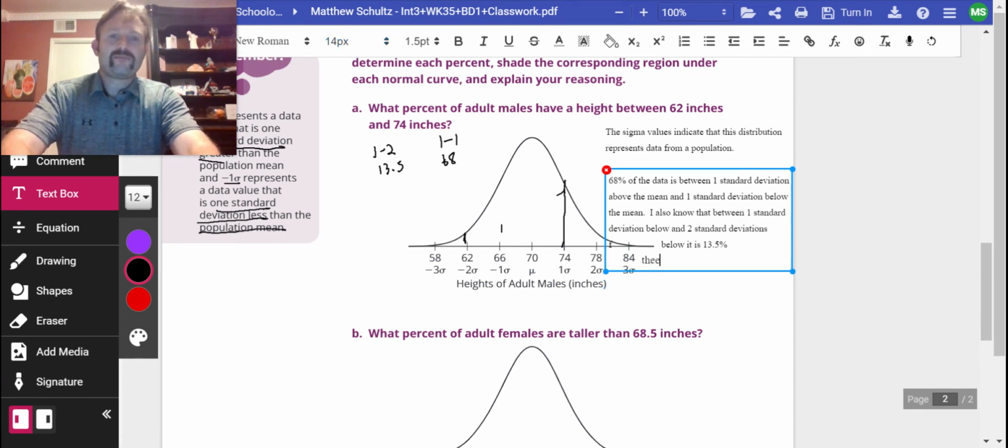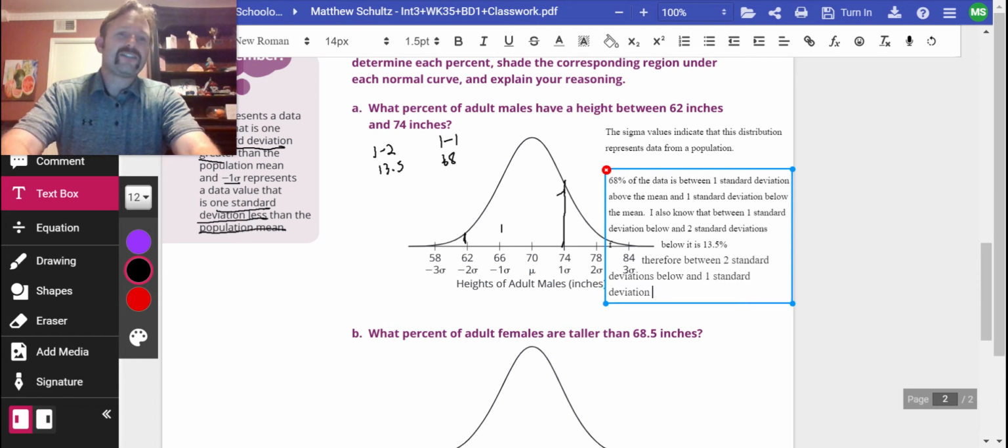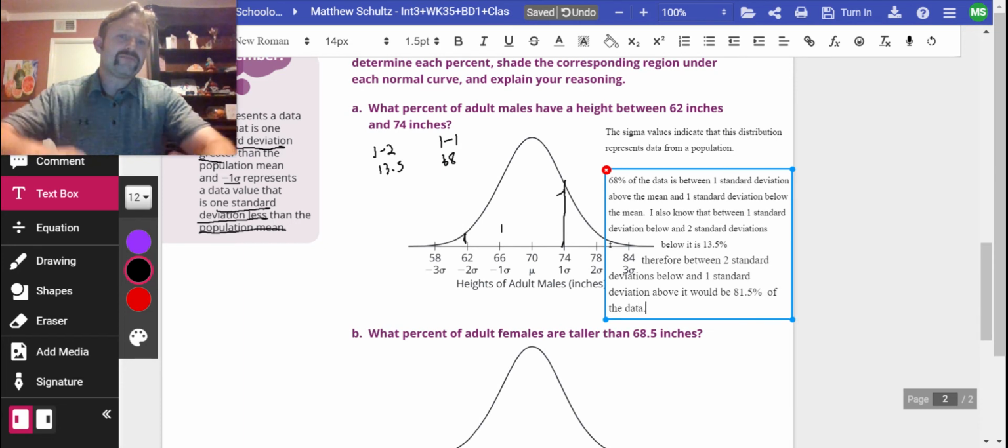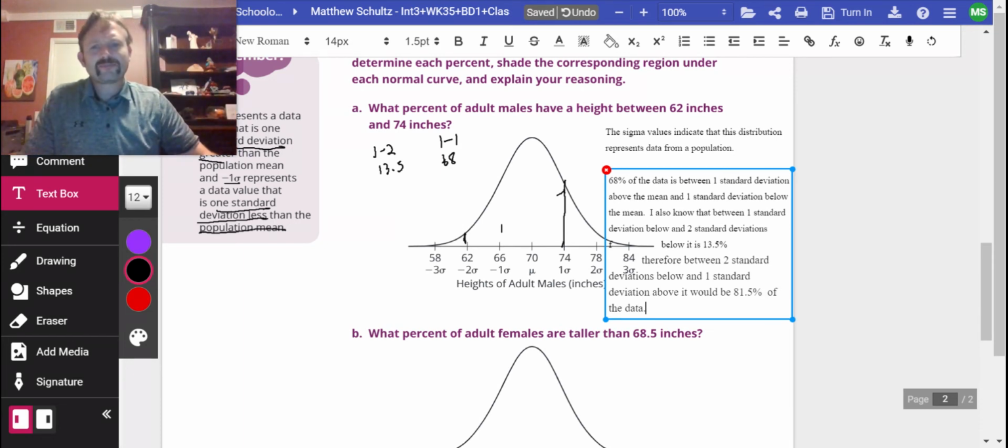Therefore, between 2 standard deviations below and 1 standard deviation above, it would be 81.5% of the data. Yeah, there's a lot of typing on this.